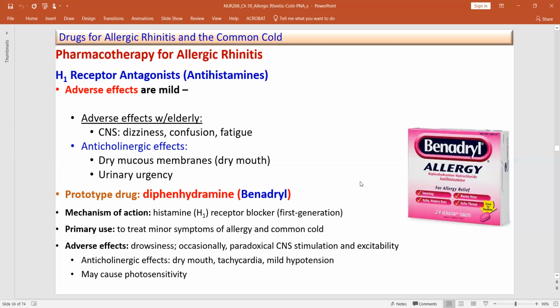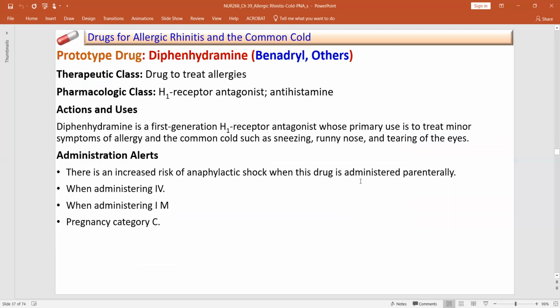We have also another drug called Allegra that's similar to this drug. I'm going to skip a few slides and just highlight the most important things that are not listed in the slide.